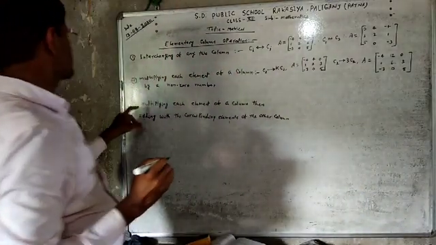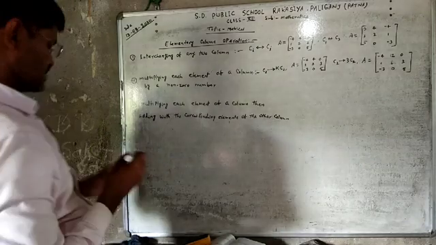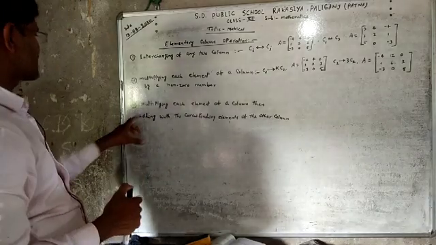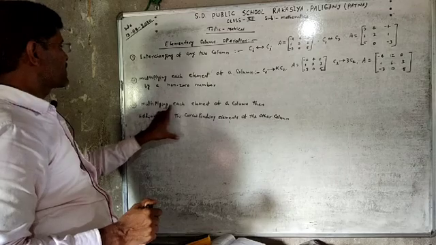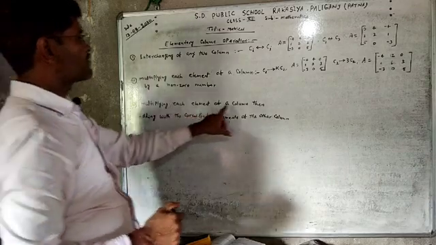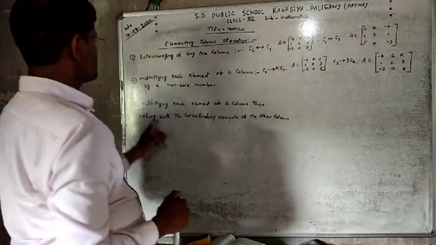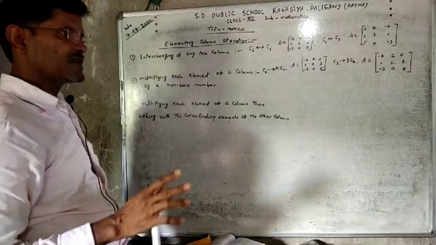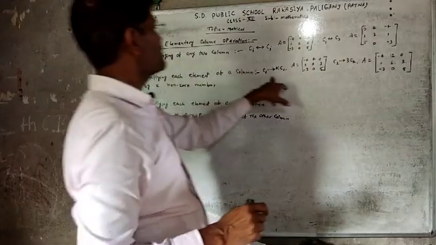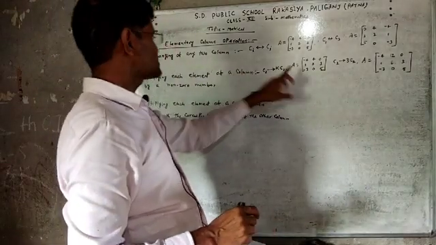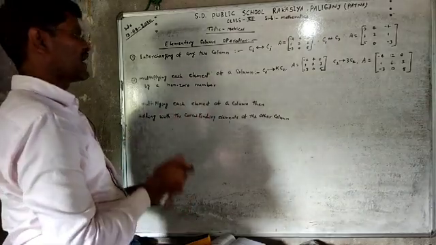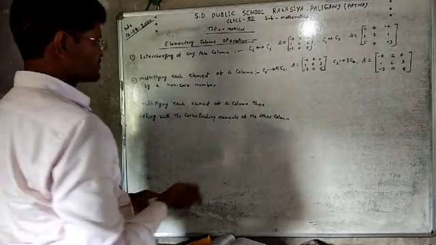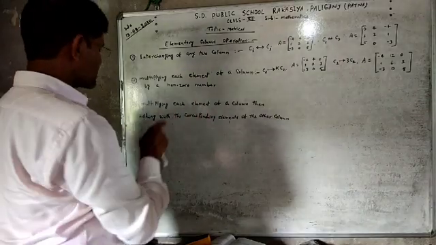Now we learn the third column operation. According to the third column operation, we can multiply each element of any column of a matrix by a number, and then add the corresponding elements to the other column.